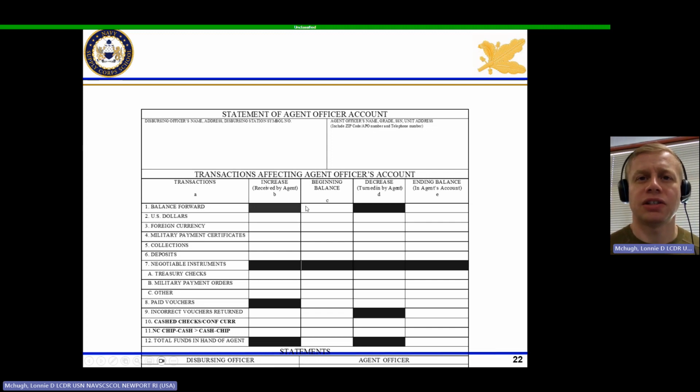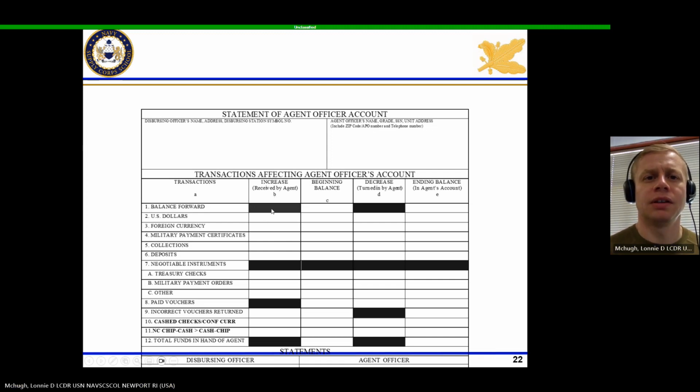So that's what the agent will have. If you're issuing them more dollars, that'll go in this Bravo column, your increase. So again, if we had 1 Charlie, $5,000, and we as the disbursing officer wanted to give the agent an additional $1,000, we would put that in 2 Bravo. So you would have the balance brought forward, 1 Charlie plus the 2 Bravo, and your total in line 12 would then be 6,000.